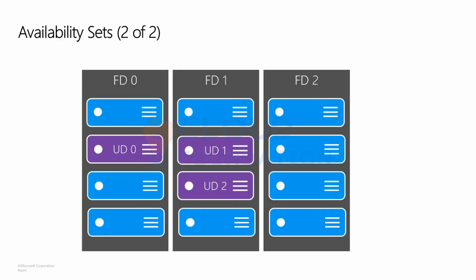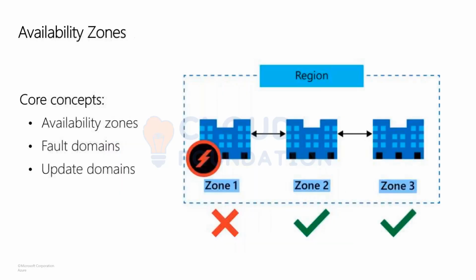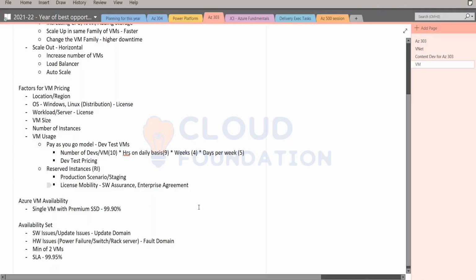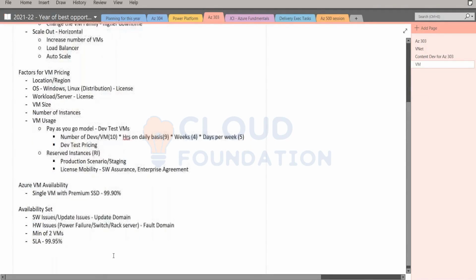That's what is referred to as update domain. By using these options, Microsoft ensures that you have at least one machine running for your environment, and your users can connect to that machine.